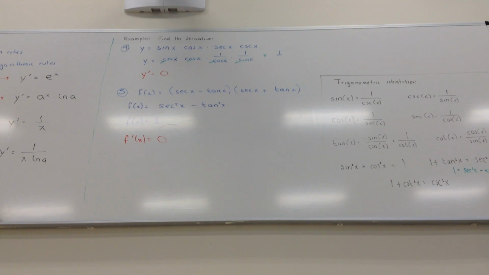There's a reason for the formula, and I'll explain later, but not right now. For ln of x, the derivative is 1 over x, and if it's log base a of x, it's going to be 1 over x ln of a in the denominator. So those are the 4 exponential and logarithmic rules.